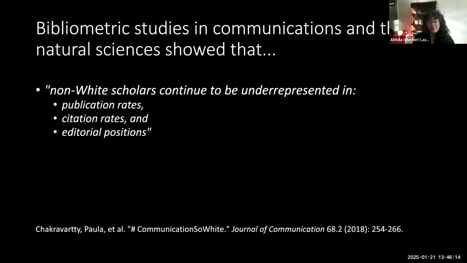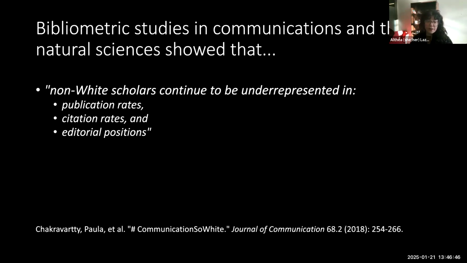There is an article called Communication So White that studied bibliometric analysis, that is, who is cited in the bibliographies of articles in the field of communication. And in 2018, they found that non-white scholars continue to be underrepresented, showing up less in the bibliographies of other scholars than they are represented in the general population.